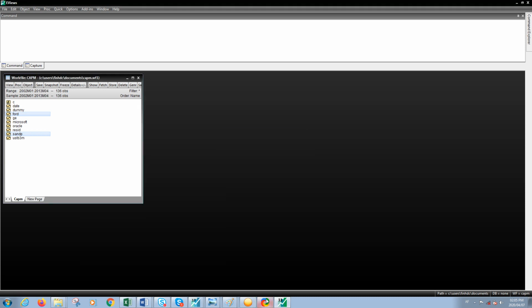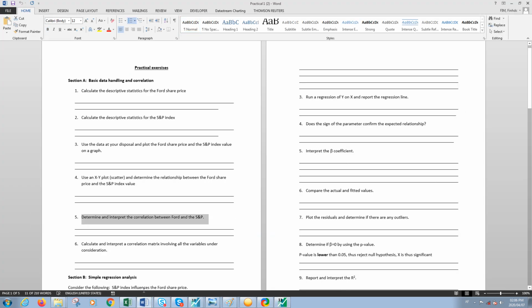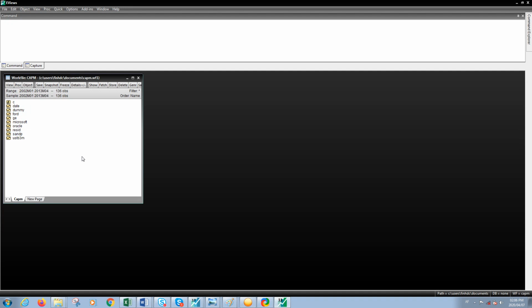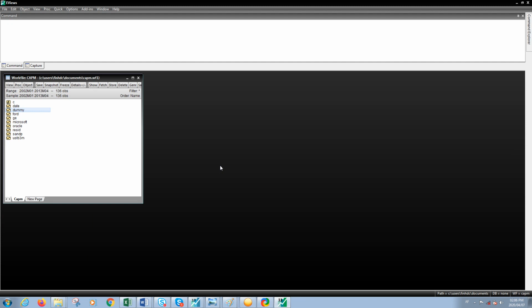Now it asks us to consider and interpret the correlation matrix involving all the variables under consideration. So what we'll do now is click on all the variables, because we want them all in a group, and we want to draw a correlation matrix on all of them except dummy, because dummy is zeros and ones. We'll get to that in further classes.